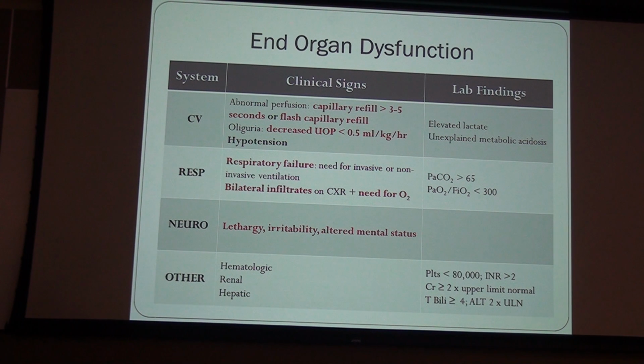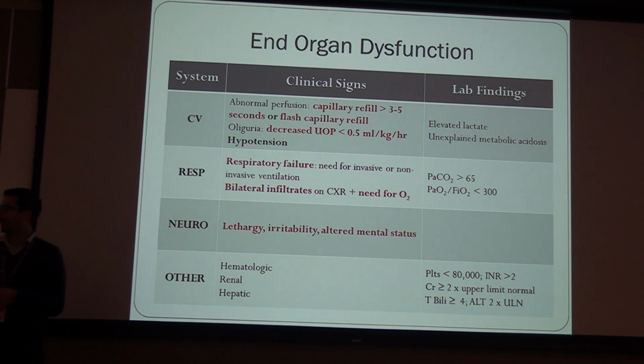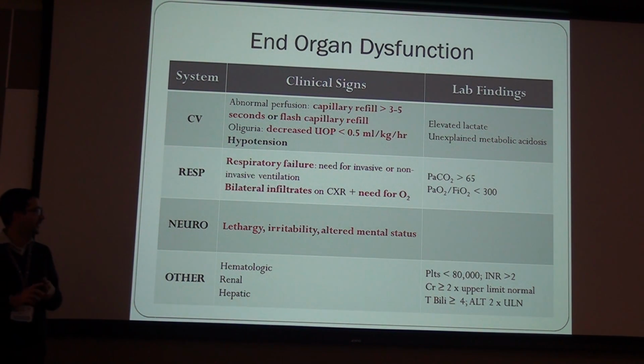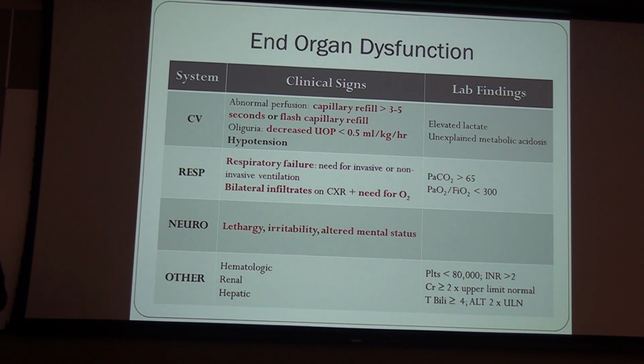Respiratory dysfunction includes respiratory failure, whether that's just hypercarbia, or needing mechanical ventilation, or more specifically, having bilateral infiltrates on your chest X-ray and a need for oxygen. So that's getting into like ARDS. And then neurologic, being lethargic, irritable, altered mental status. And again, this is something I think that comes more and more as you become more used to taking care of children.